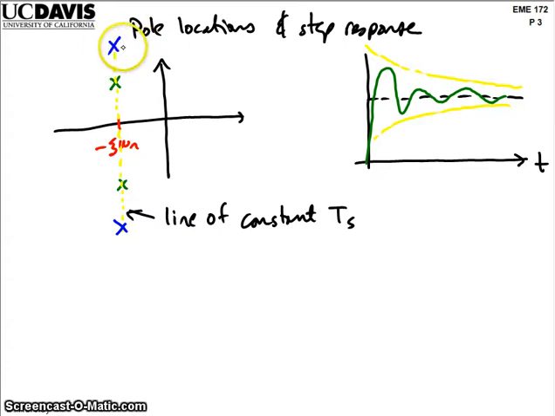The other way you can think about it is if I draw the line from the pole to the imaginary axis, that's the damped natural frequency. So I get j omega d1, and if I drew another line over here, I should probably extend my axis, j omega d2. That omega d2 is clearly greater than omega d1, so this response is going to have a higher frequency, but it'll still have the same decay envelope.